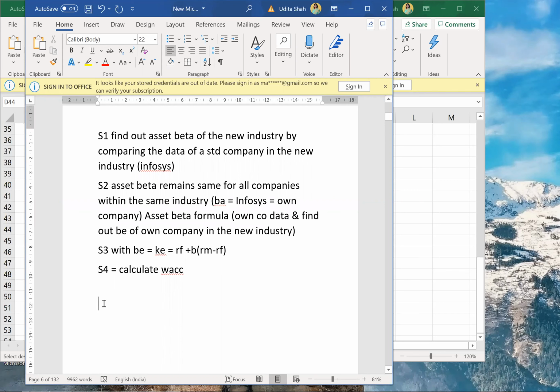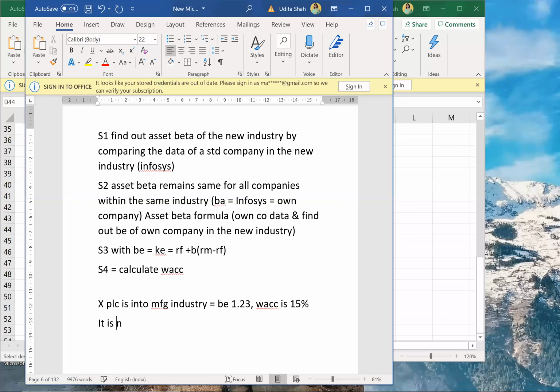So let us take an example so that it gives you more clarity. XPLC is into the manufacturing industry, where it has a beta of equity of 1.23 and a WACC of 15%.